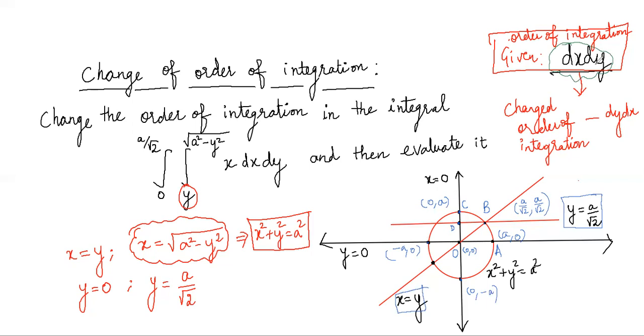As the order of integration is dx dy, the strips will be parallel to the x-axis. They start from the curve which is the straight line x equal to y, and they end at the boundary of the circle, because we have y and square root of a square minus y square as inner limits, and from this we have obtained these two curves.